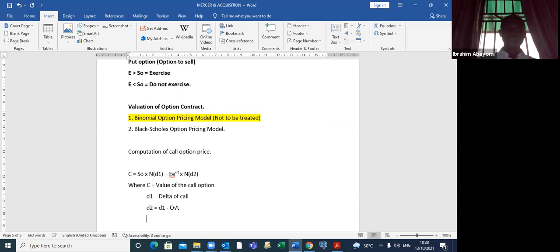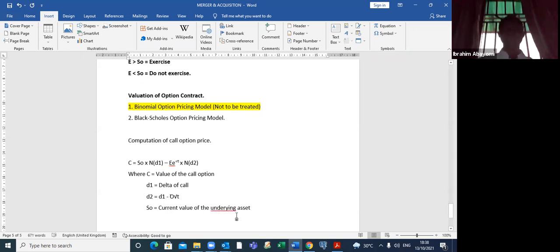Of course, you already know your S0. S0 is the current value of the underlying assets. E is the exercise price.